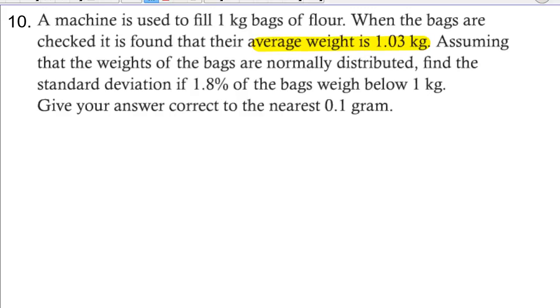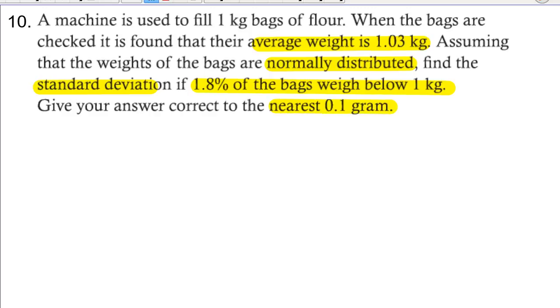Assuming that the weights of the bags are normally distributed, find the standard deviation if 1% of the bags weigh below 1 kilogram. All right, give your answer to the nearest 0.1 gram.